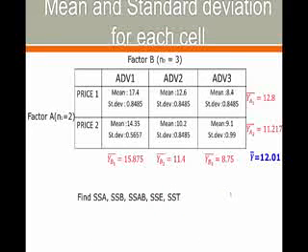Let us try to build our table. Now that I have established I have a potential problem of interaction, I will continue and do the calculation and test it at 5% level of significance. For price 1, I will take the average of the means for price 1, and it gives me Y bar A1, 12.8.